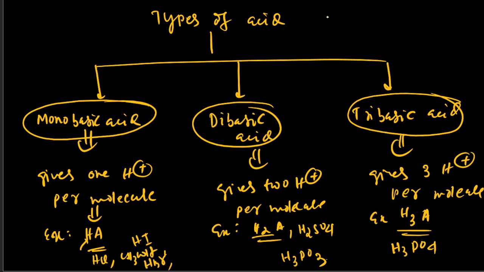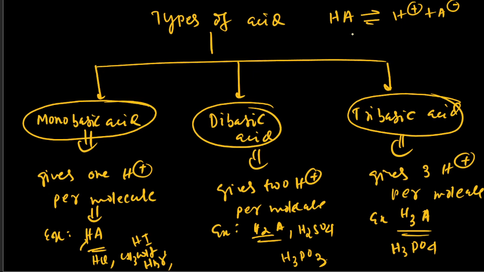because when a monobasic acid is ionized, it gives H plus plus A minus. So when we study how much it dissociates, suppose at T equal to 0, this is 1, this is 0, 0, and at T equal to T, for a weak acid, 1 minus alpha, this is alpha, this is alpha.